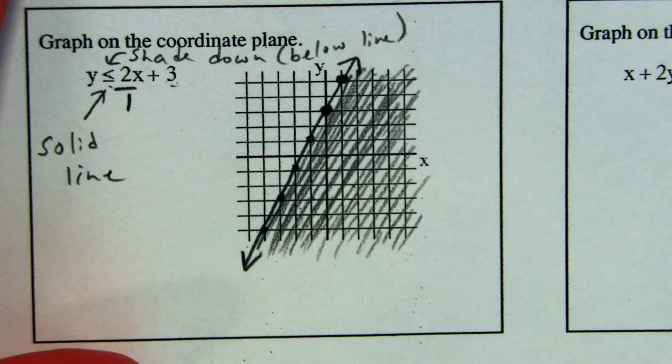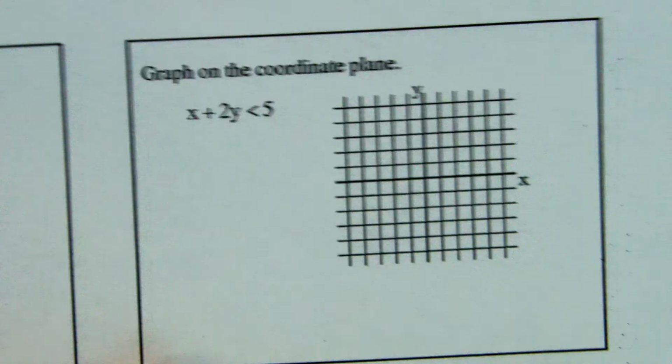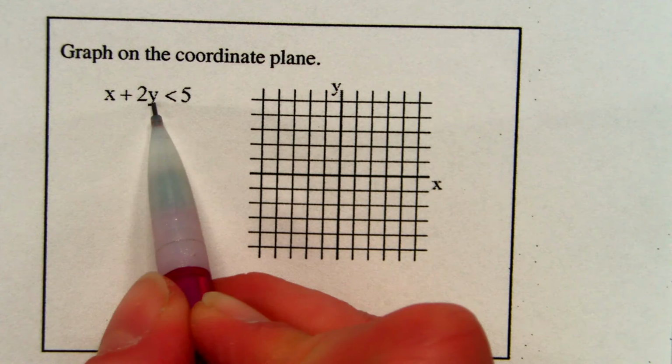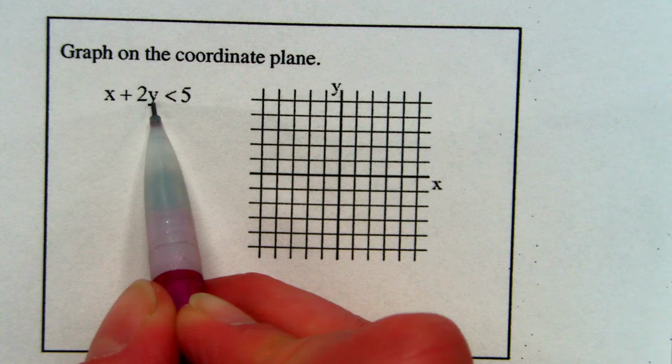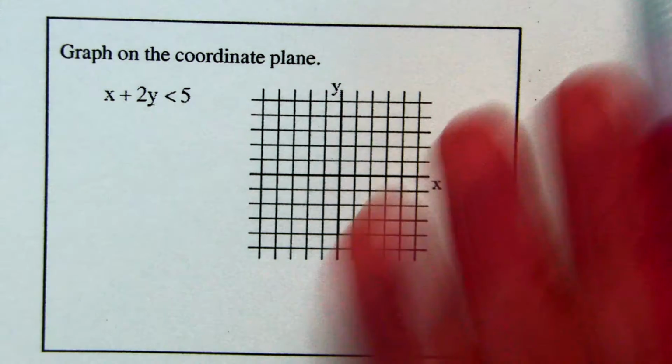All right, so now we're going to get into the examples where we have to rearrange things. Slightly more difficult, but we've done a lot of rearranging of equations. This is really not much different. So on the next example, I do not have y by itself, so we have to solve for y. So just like the song we've done in the past, we're going to add or subtract the x term.